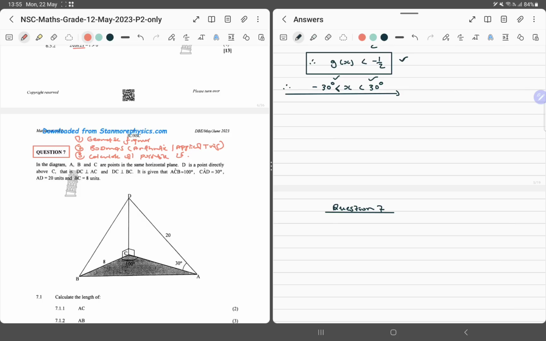And then the last thing is usually work from the side that is known, or any extra information that is given. So that is the mental prep you would do for this section, because I promise you, you will succeed here.